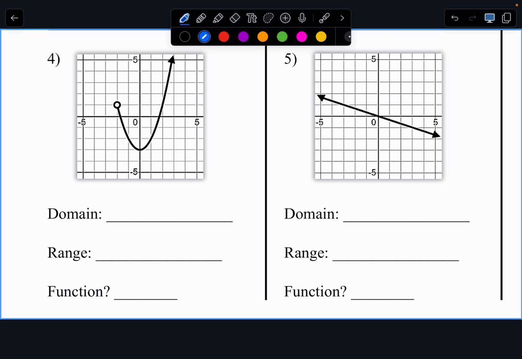We have an open dot at -2, and then we have graph to the right of it. So when we go from left to right, we have an open dot at -2, and then we have graph. So we're going to describe that as x is greater than -2. Why did I not put the line? Because it's an open dot. The line closes the dot.